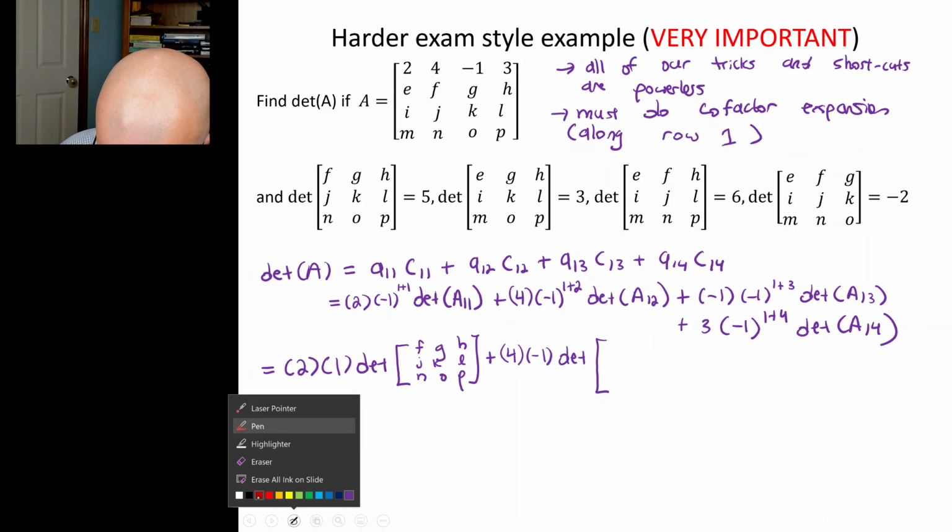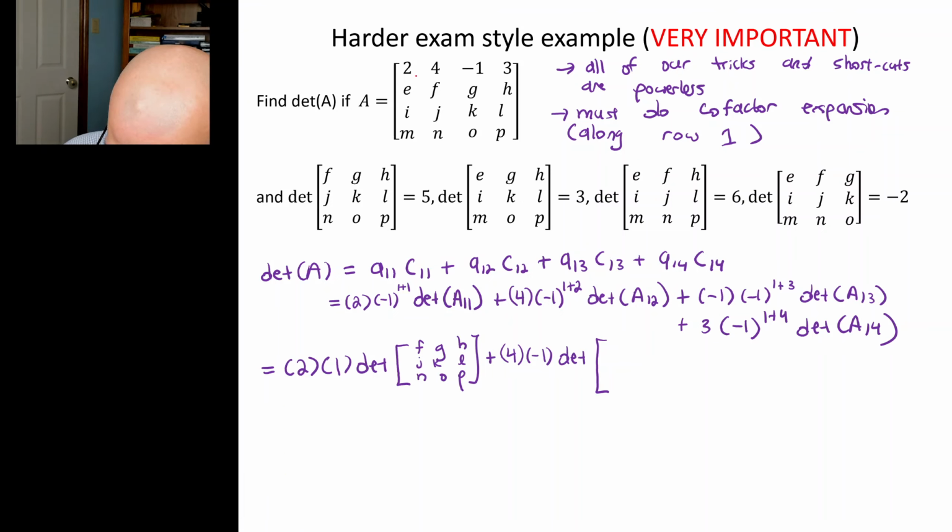So for A12, I remove row 1, I remove column 2, and what I'm left with is EGH, IKL, MOP.